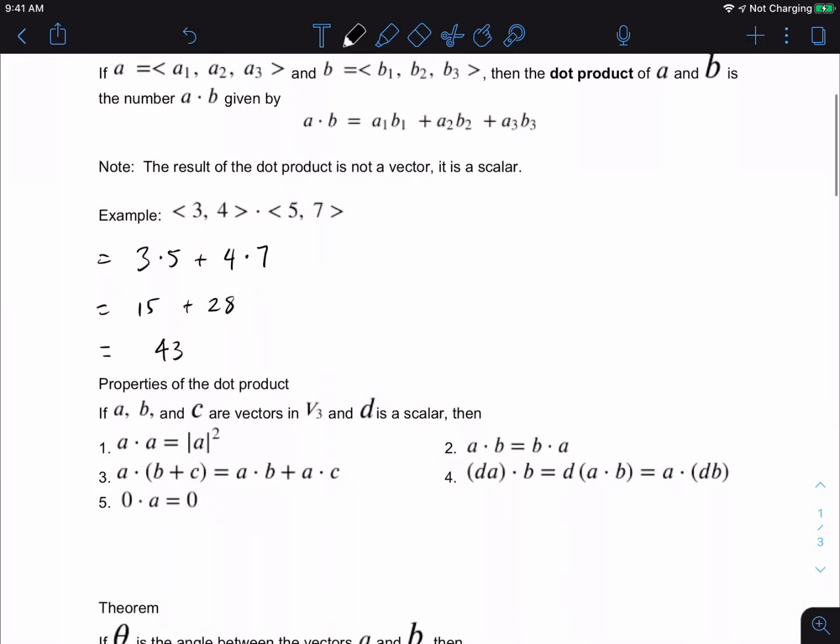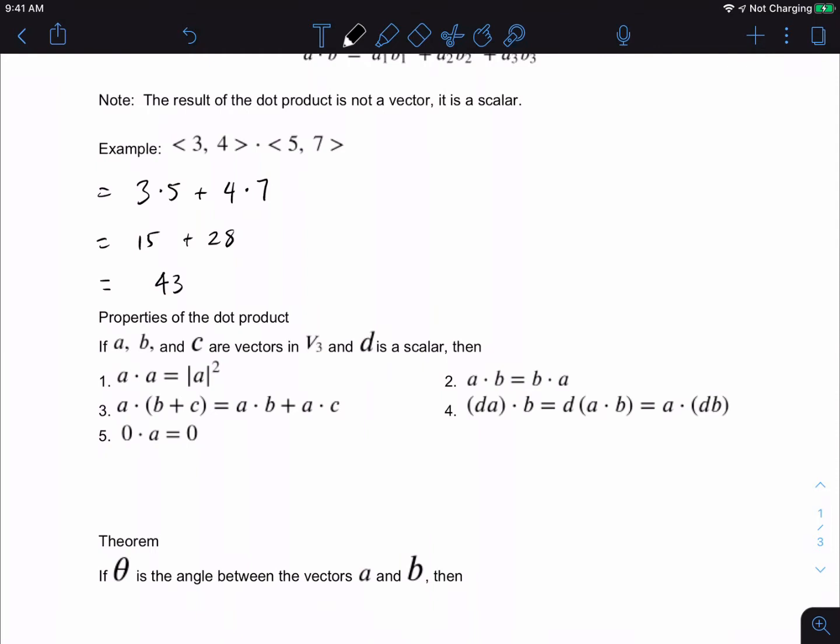Some rules for the dot product, just so you guys know. If we're given 3 vectors, and please note this right here is a scalar, it's not a vector. So the dot product of a vector with itself is the magnitude squared. So for this first one here, remember that this symbol here is the representation, right?